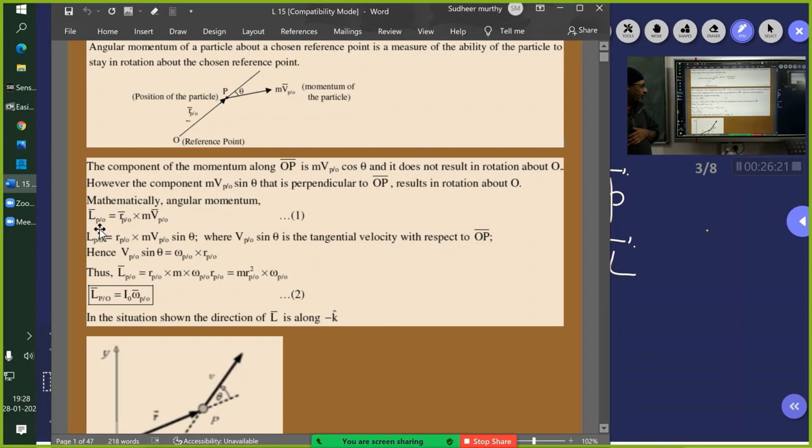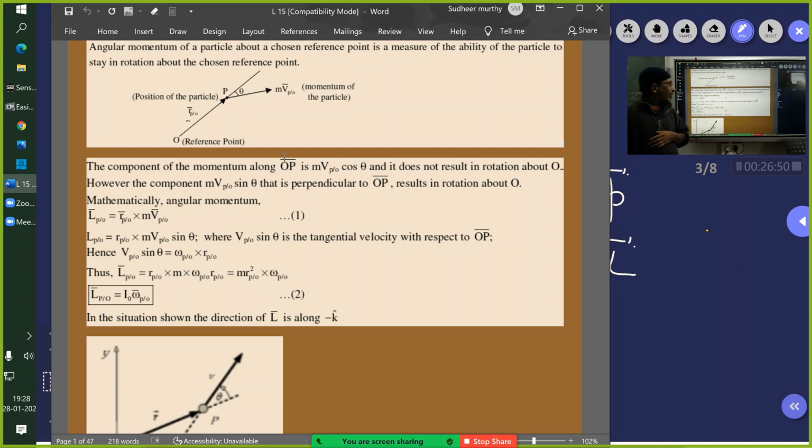So the angular momentum of P with respect to O is R PO bar, the position vector, cross m v p bar, the linear velocity of this. Because as you know, it is R P m v sin theta, and m v sin theta is what we got here. So the other component simply vanishes. It has no role as far as the angular momentum is concerned.